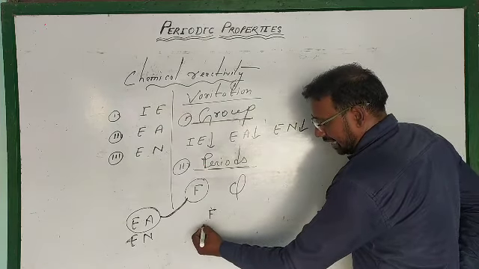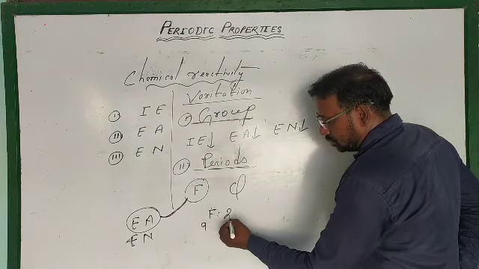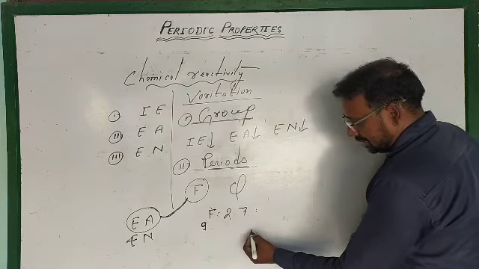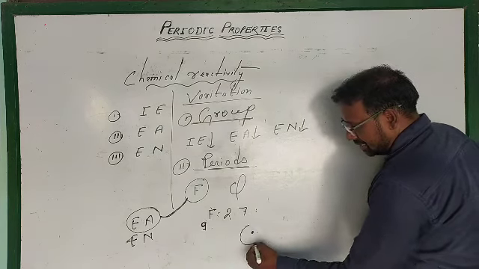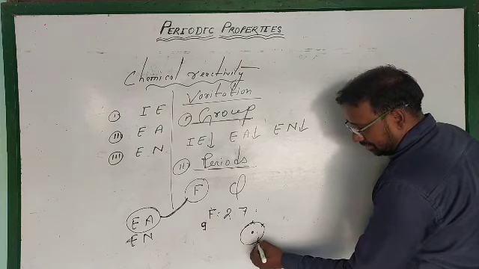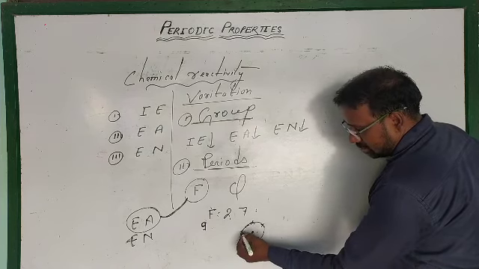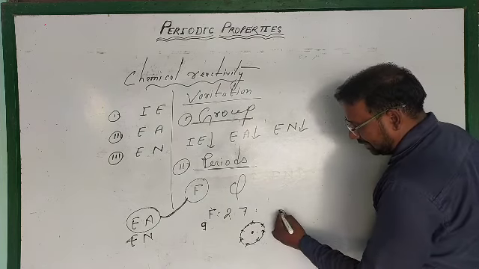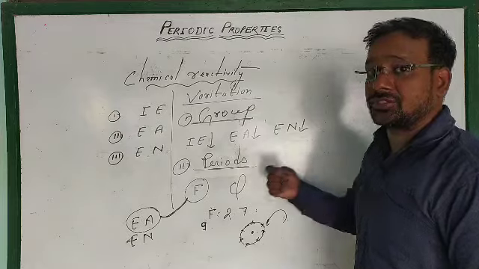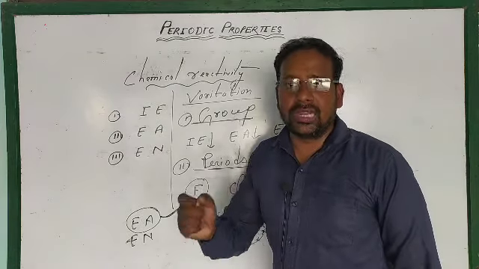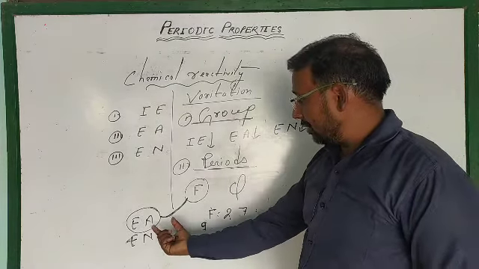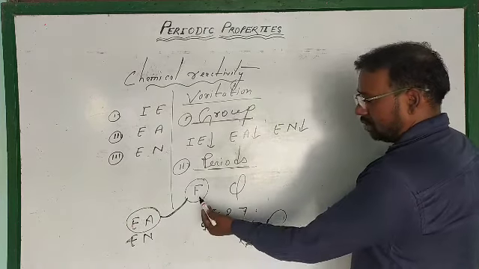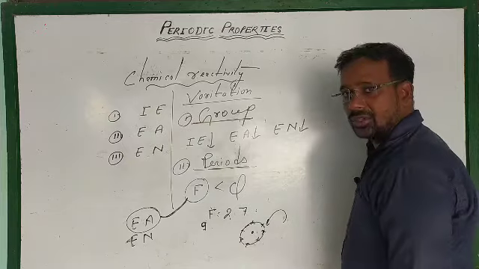The atomic number of fluorine is 9, and its configuration is 2 and 7. You can see that its valence shell, means outer shell, has 7 electrons, and already it has a very small size. If we want to add one more extra electron, it is very difficult. So therefore the electron affinity of fluorine is less than chlorine.